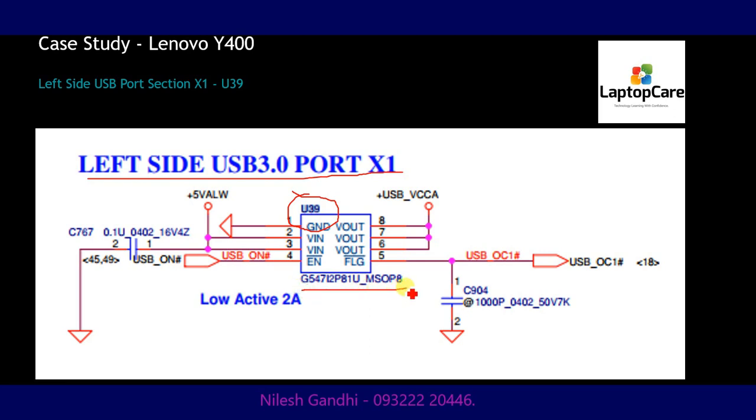Bingo. So definitely we found the culprit here, which was shorting the full 5 volt always line, and we stopped this test at this point and removed this IC immediately.